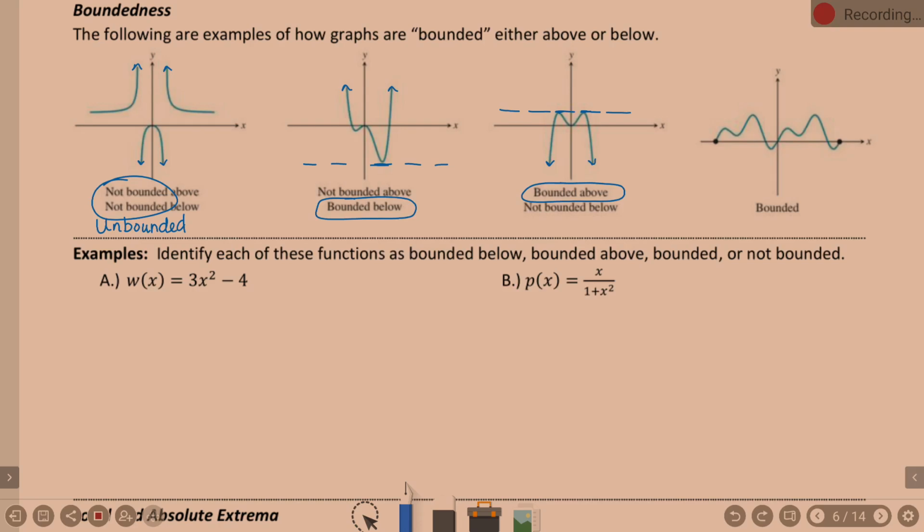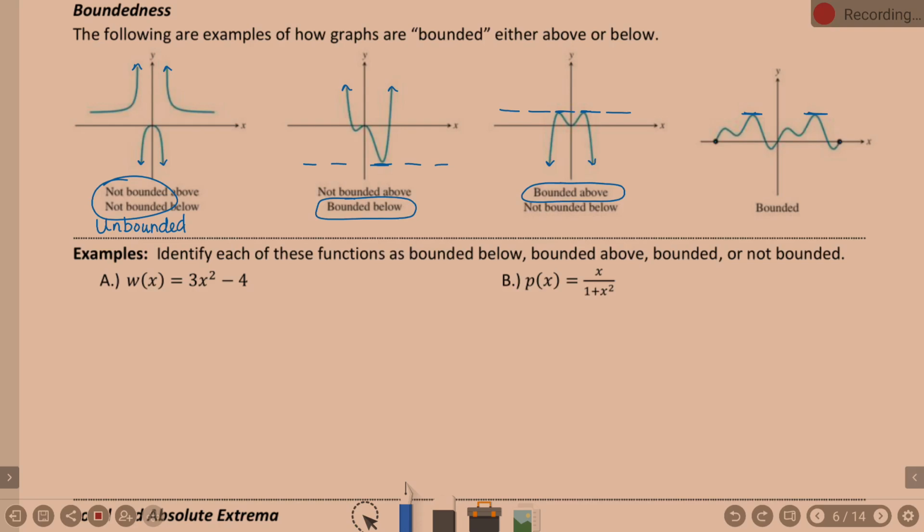And then this last graph. Now, notice what's different about these. There's actually endpoints, yes? If there's endpoints, is it going infinitely down or infinitely up? No. Is there an upper boundary? On top, it never goes any higher than those marks I just made.